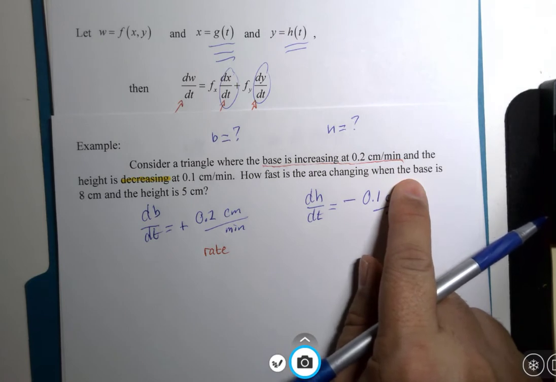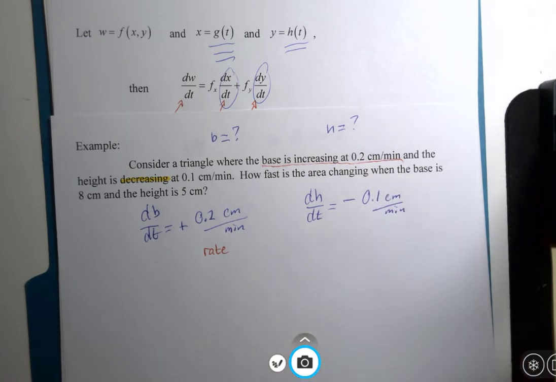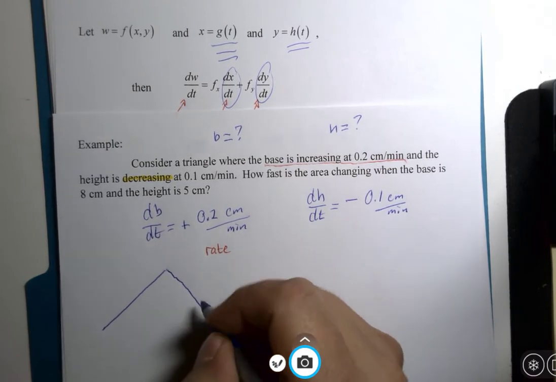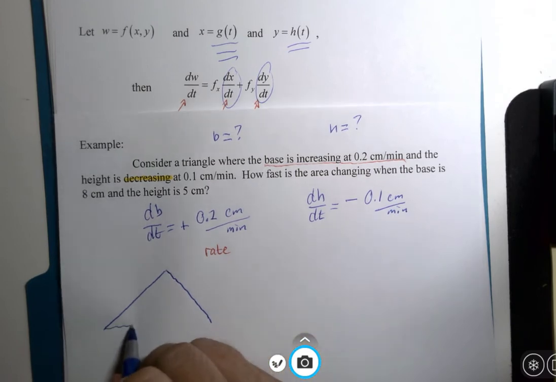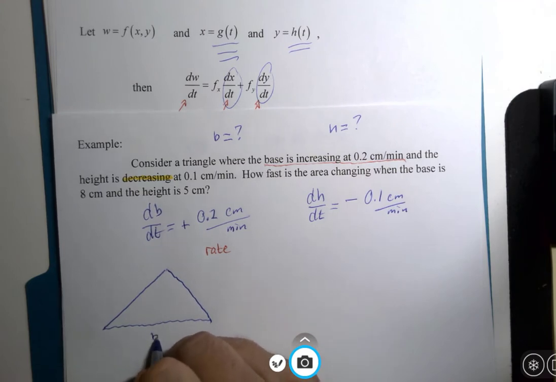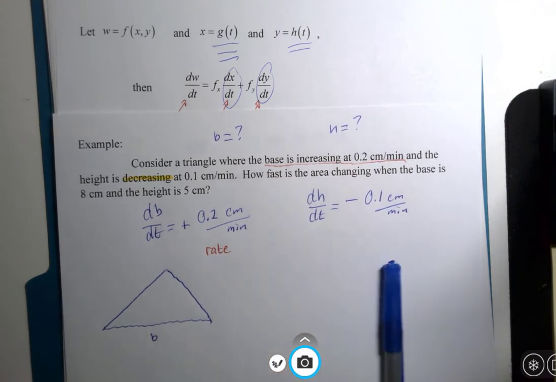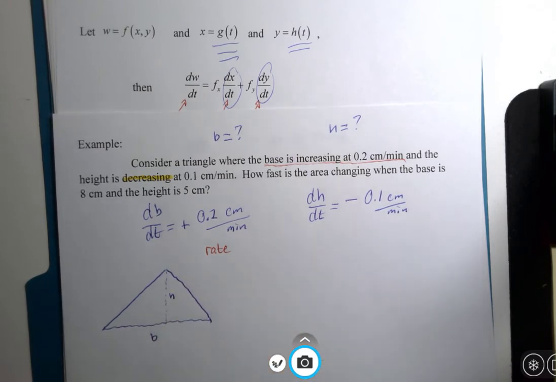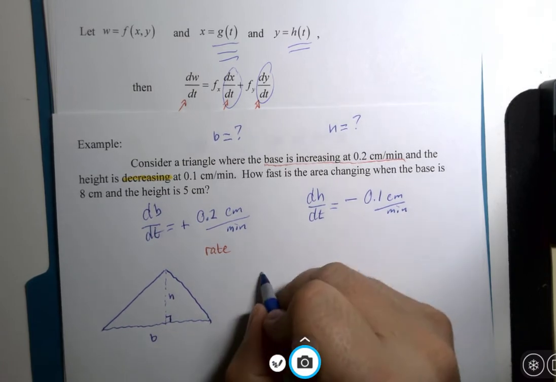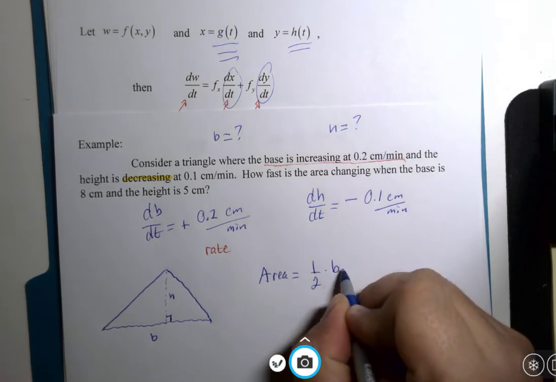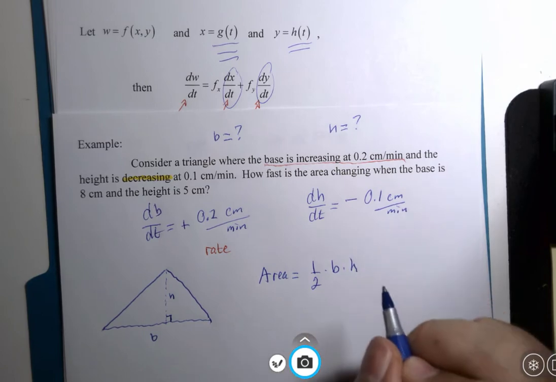Okay, so first of all, let's get a little visual here. Let's make a triangle. I don't want it to look like an isosceles triangle because it doesn't have to be. So we have a base and we have a height, if that's an altitude that's drawn correctly, and we would have that the area is equal to 1/2 the base times the height.